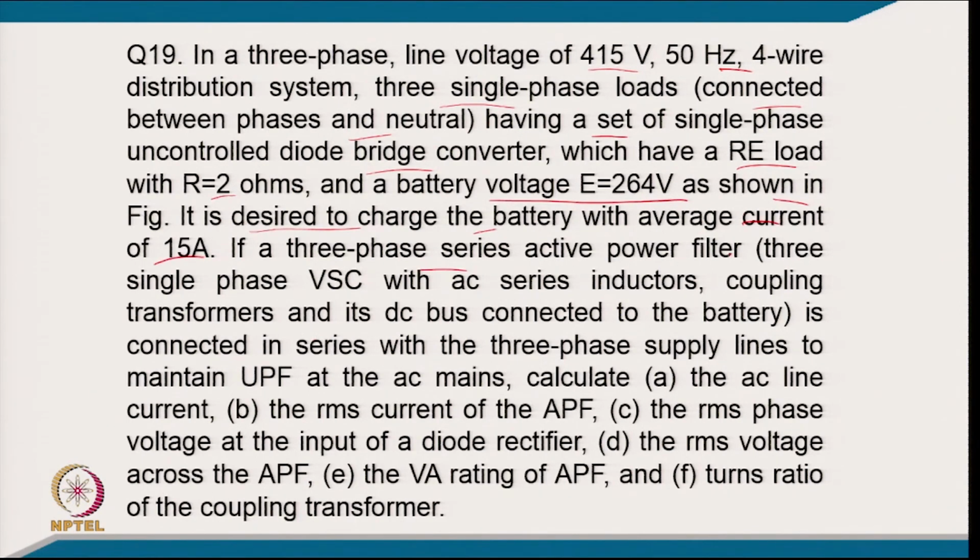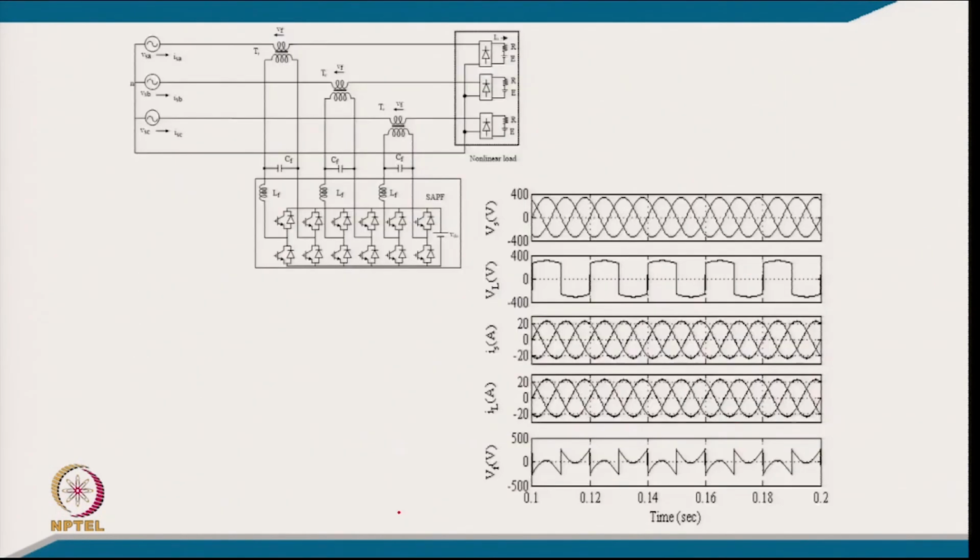If a 3-phase series active power filter, a single phase voltage source converter with an AC series inductor coupling transformer and DC bus connected to the battery, is connected in series with the 3-phase supply line to maintain unity power factor at AC mains, calculate A, the AC line current, B, the RMS current of the APF, C, the RMS phase voltage at the input of the diode rectifier, D, the RMS voltage across the APF, E, the VA rating of the APF, and F, the turns ratio of the coupling transformer.